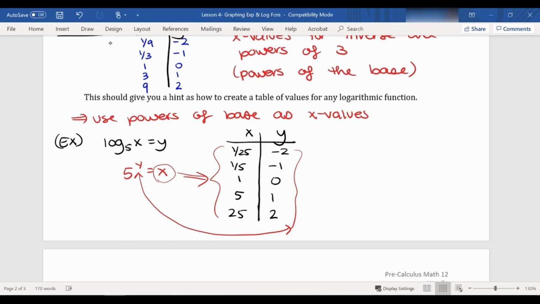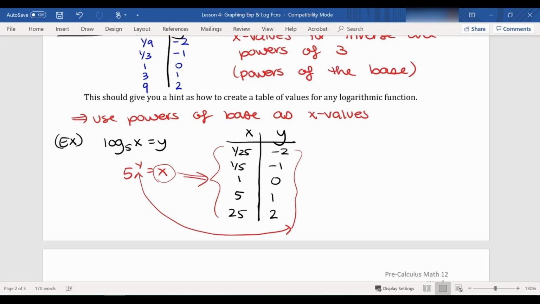It's not really the way you're supposed to do it. You're supposed to pick powers of the base and then figure out what exponent that would be. So pick the x values and figure out what y values go, but I don't like to do that. I find it too confusing. So I always choose to rewrite it and do it that way.